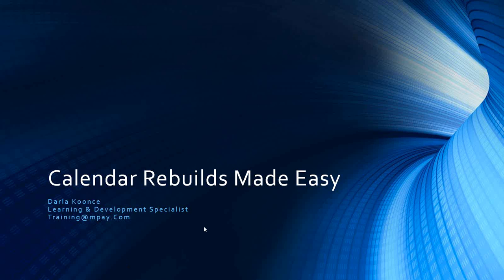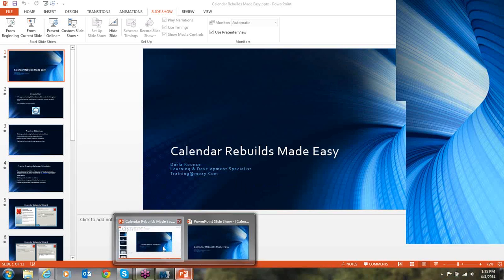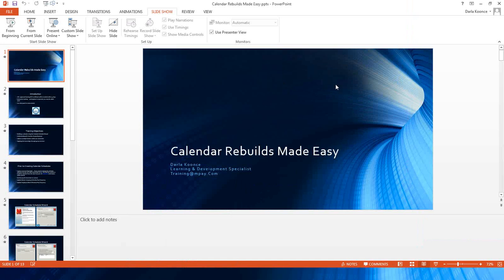I'm having a few technical difficulties with GoToTraining and my version of PowerPoint. One moment here. Give me just a moment, and I'm going to change the way I'm presenting this so that you can see it.